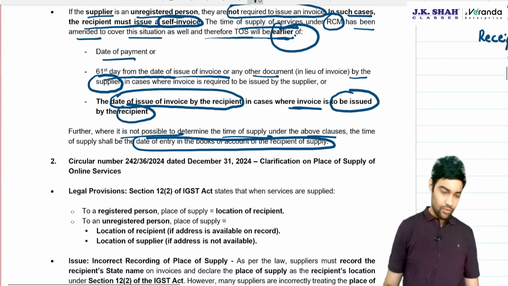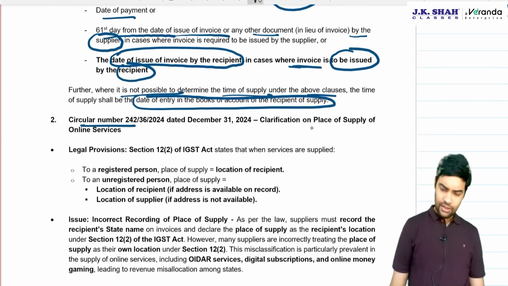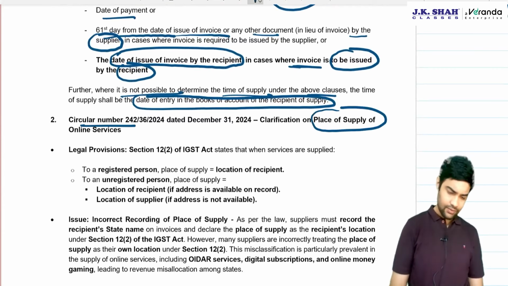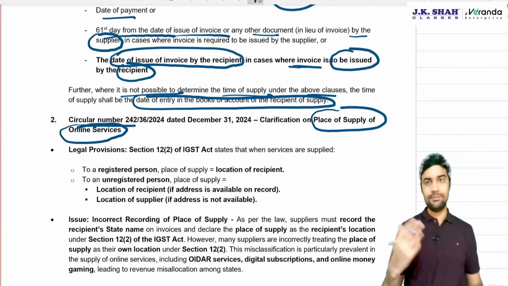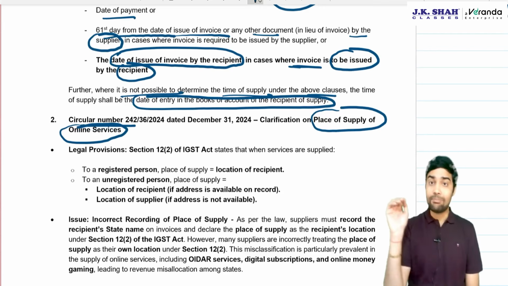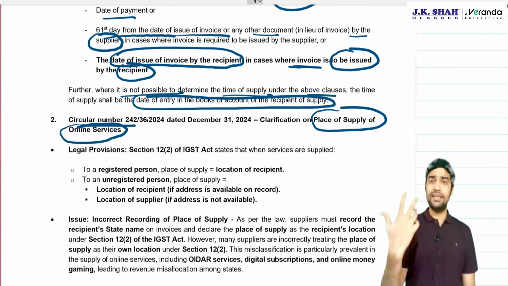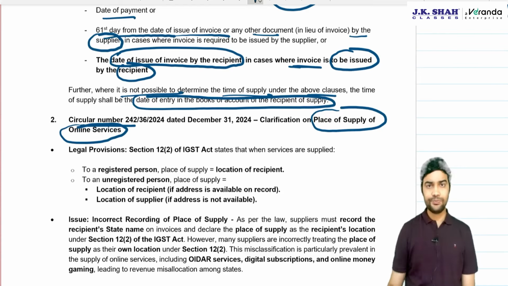Okay. Now, there is one circular which is issued for place of supply for online services. See, online money gaming or supply of service through an e-commerce operator, there used to be a problem.